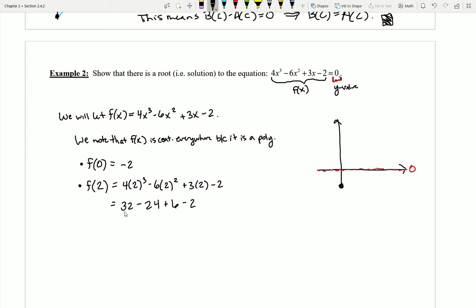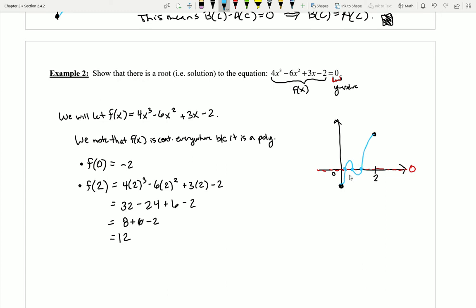All right, this is going to be 32 minus 24 is 8. 8 plus 6 minus 2, that's, I don't know, what is that, 12? Hey, this works perfectly. So if I plug in 2, I get back a value of 12, way up here. And since my function is continuous, I know that when I play connect the dots, I'm going to have to cross.